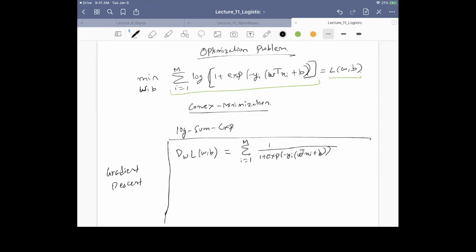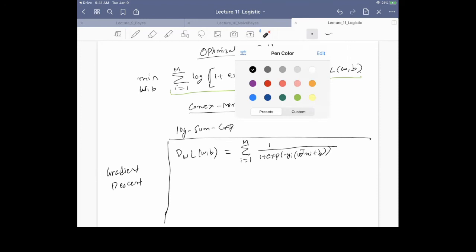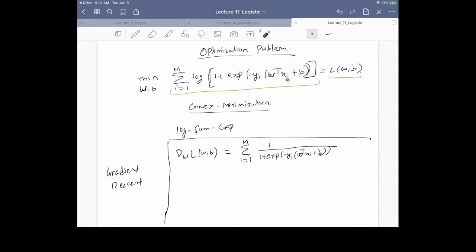Then we want to take the derivative of the term inside, 1 plus exp raised to this term. The derivative of 1 is 0, so it gets cancelled. Then we have the derivative of exp raised to minus yi multiplied by w transpose xi plus b.